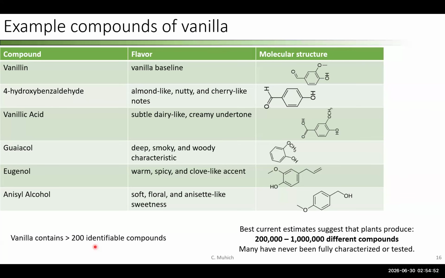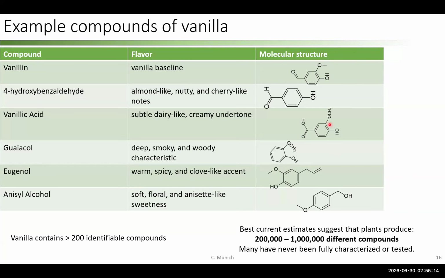Okay. So this is just one example of looking at vanilla and its extracts and constituents. Current best estimates are that plants produce between 200,000 and 1 million different relatively small molecules, such as shown here.